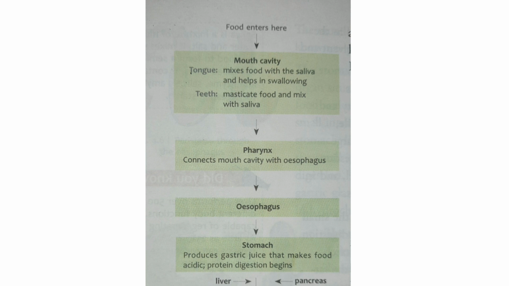So the reaction is: renin acts on casein and forms paracasein, which is the insoluble curd. Here you can see from the esophagus a downward arrow toward the stomach, and it is written that it produces the gastric juice that makes the food acidic. Protein digestion begins here.